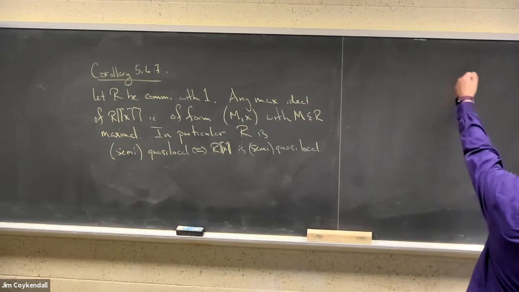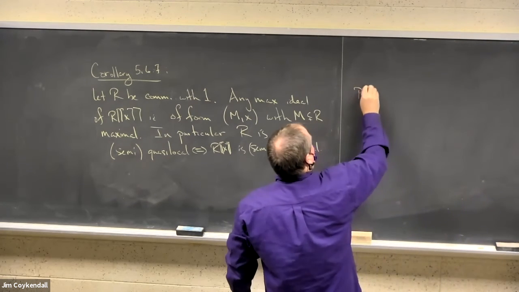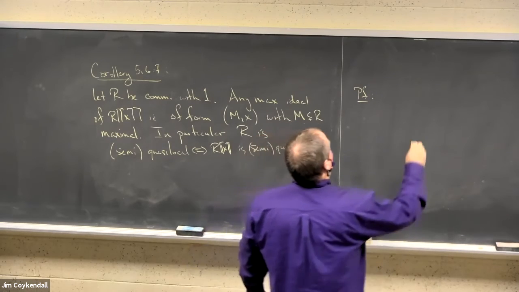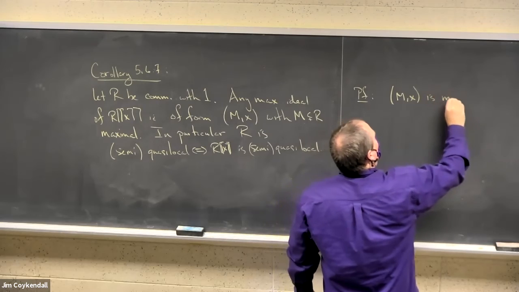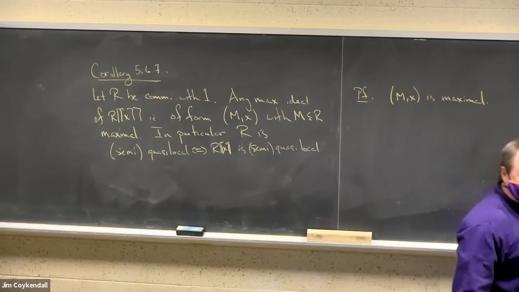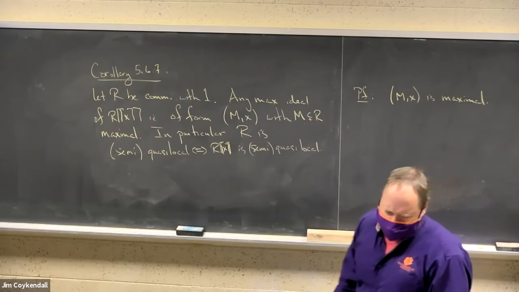Let me outline this really quickly. Proof. We know that M comma x is maximal. Period. In fact, this is true for polynomials and power series. These are maximal, and this follows from what we just did, part F, I guess it is.